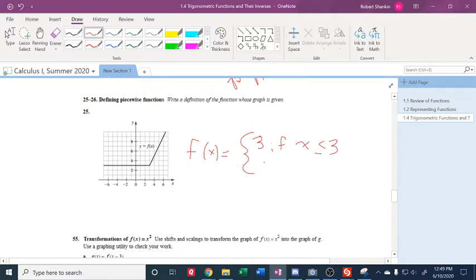And then if x is greater than 3, now the equal sign could have been put here or here, since they both are going to give you the same value.